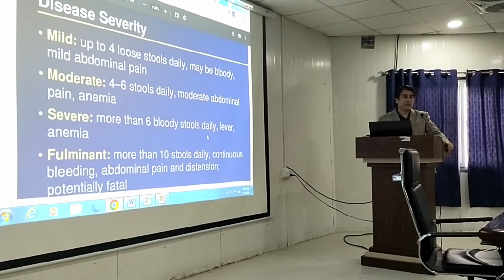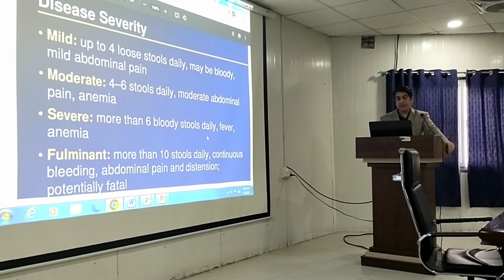These are a few scores and parameters with which we assess disease severity. We also have the Montreal and Paris classifications, but these were very early classifications. So nowadays we usually follow the Mayo score, the modified Mayo score, and the endoscopic ulcerative colitis severity index.